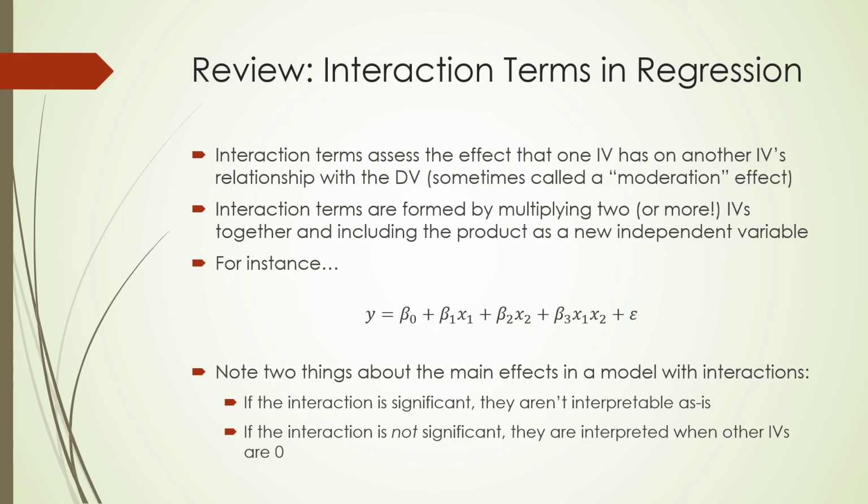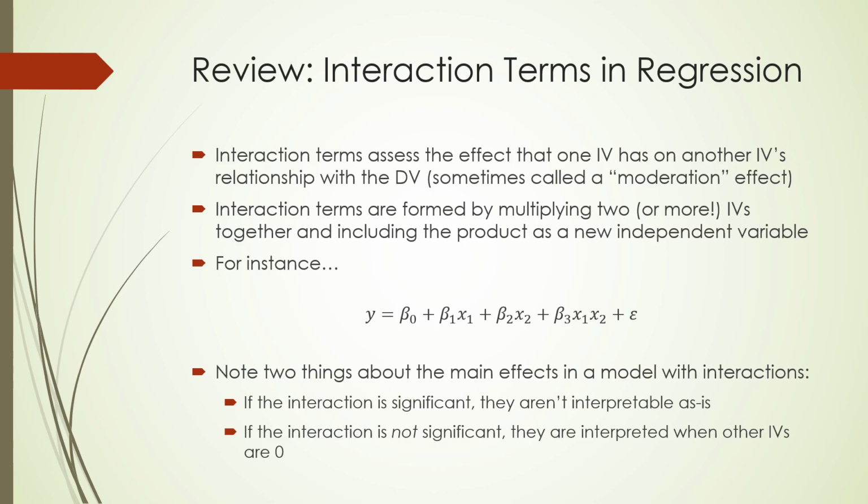Normally, the interpretation of beta 1 without the interaction in the model is as x1 changes by 1 unit, this is how much we expect y to change after accounting for x2. That's the typical interpretation. With the interaction in the model, whether or not the interaction is statistically significant, the interpretation of beta 1 has now changed.